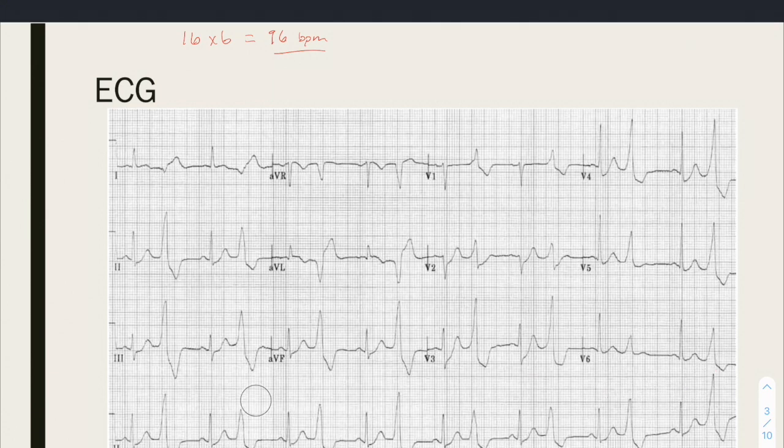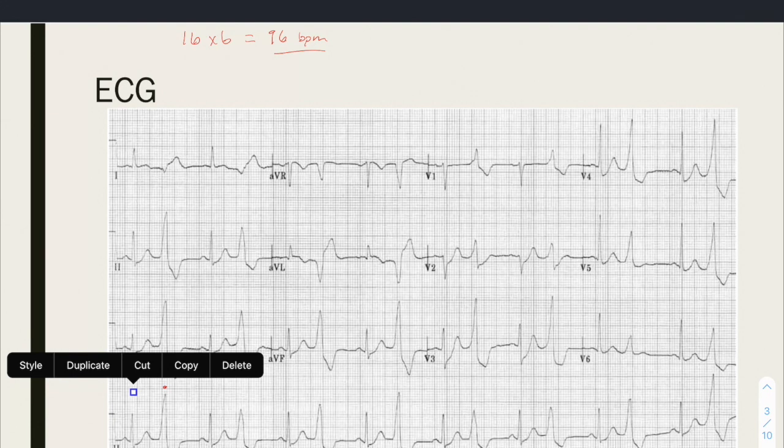Now on to rhythm. And remember, when we're looking at rhythm, we're seeing, is it normal sinus rhythm? Is it an irregular rhythm? Is it irregularly irregular? Usually what we do is we take our peaks and then we look to see if they line up. Now, I'm going in between kind of odd R peaks here.